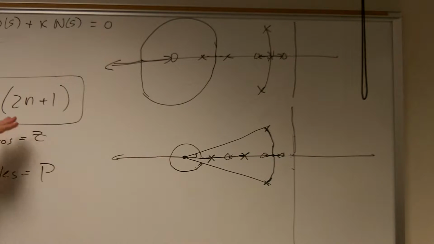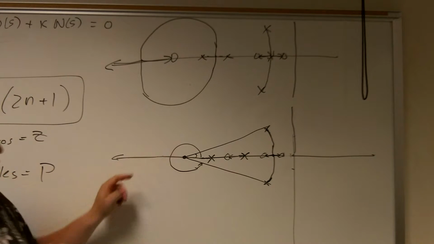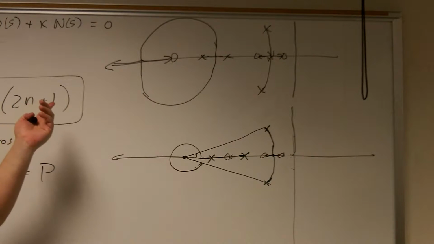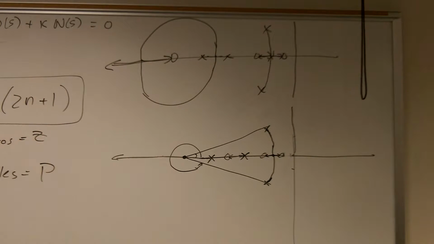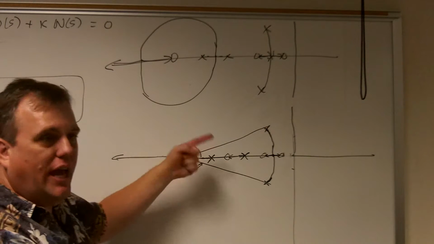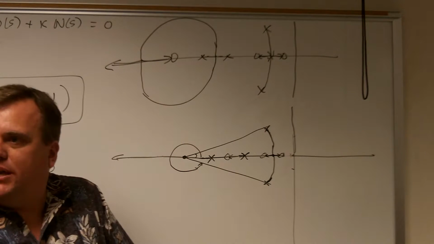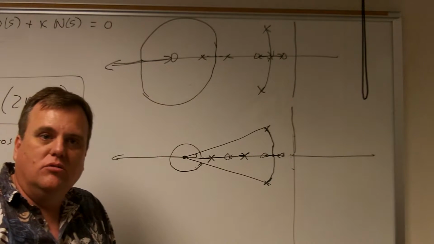That it had better be the sum of all those angles. It better add up to (2n+1) times pi. Because that's the requirement. Anything on the root locus has to satisfy that the sum of all the angles to the poles and zeros has to end up giving you pi.